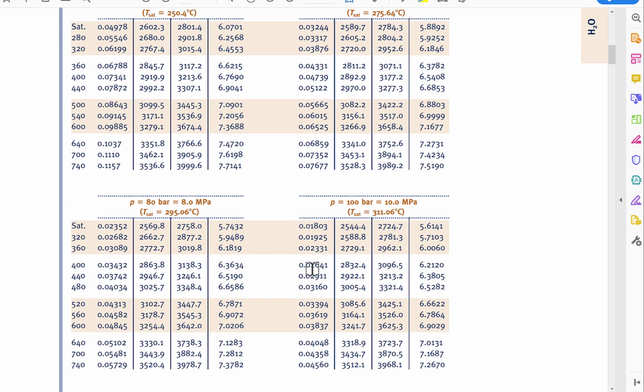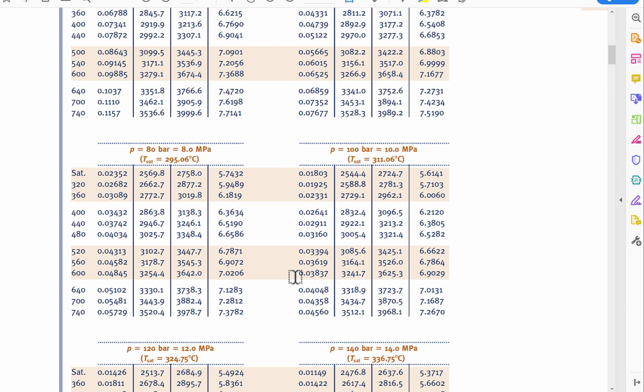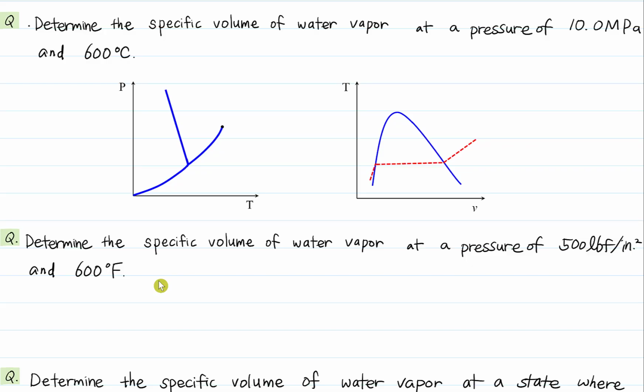And for the specific volume of the system, the first column shows the specific volume. Specific volume at 600 degrees Celsius is 0.03837 meter cubed per kilogram. On the PT diagram, if this is 10 megapascal and this is the saturation temperature, which is 311 degrees Celsius, since the temperature in this question is 600 degrees Celsius, the point may be around here.